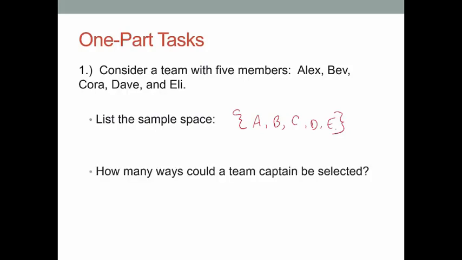If we wanted to choose a team captain, let's say we put all the names in a hat, how many different ways could a team captain be selected? Don't overthink this. This is just one team captain. There are 5 to choose from, so there are 5 ways that a team captain could be selected. Those 5 ways are the sample space. It could be Alex, Bev, Cora, Dave, or Eli.